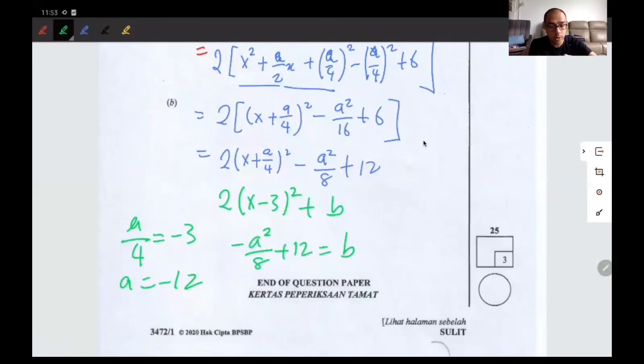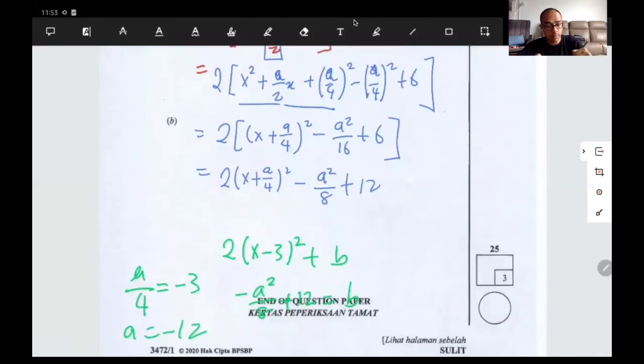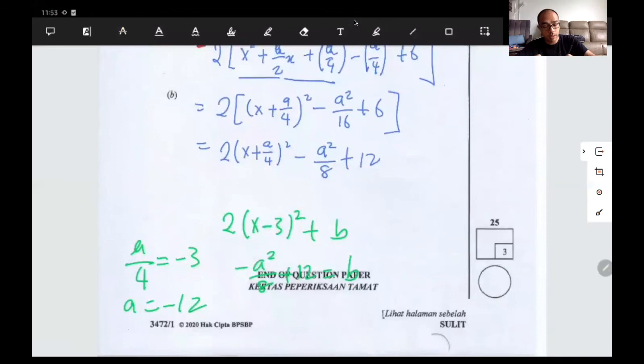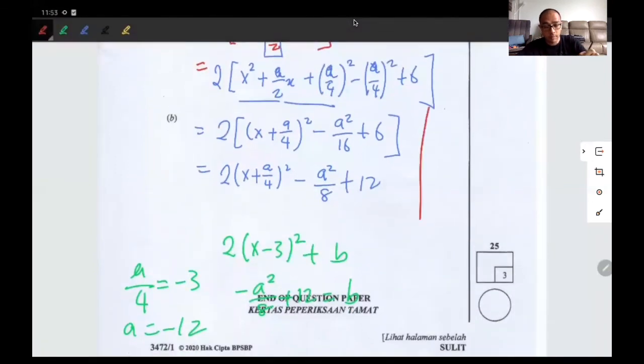Okay, so this one I will get, yeah, you know what, I'm going to shortcut this. a equals negative 12 and b equals negative 6. Okay, b equals negative 6.